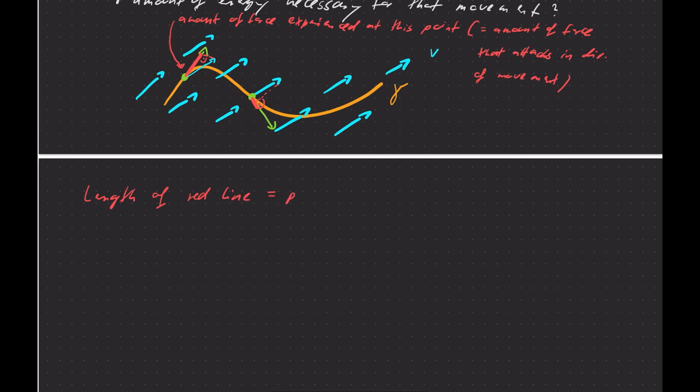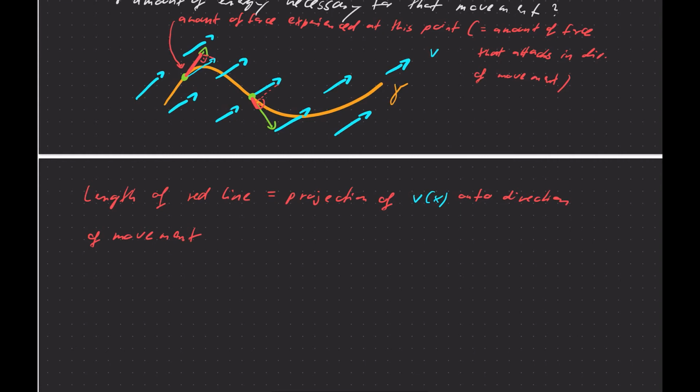So that is the projection of our vector field V at a certain point on the curve, let's say V of x, onto our direction of movement.